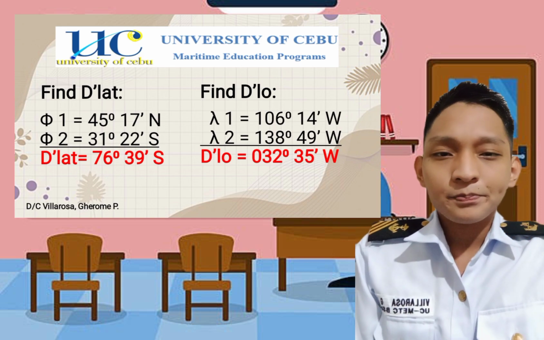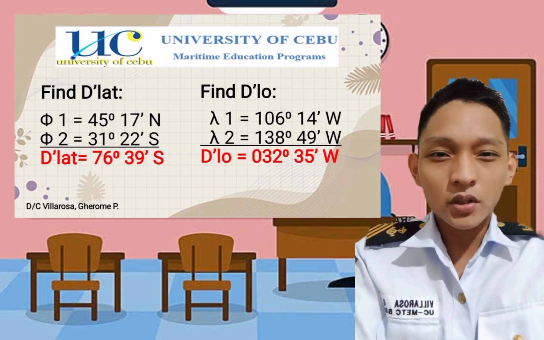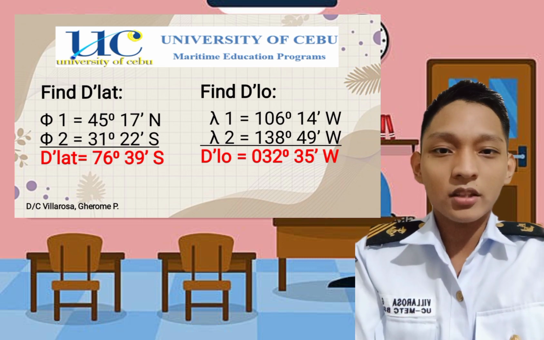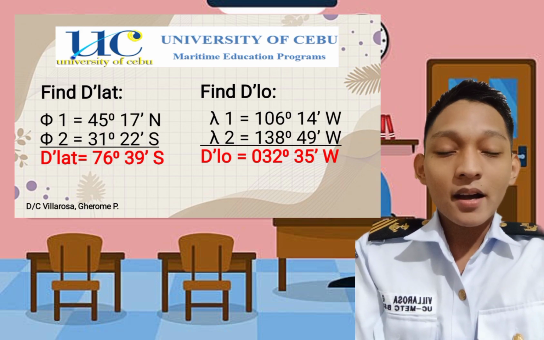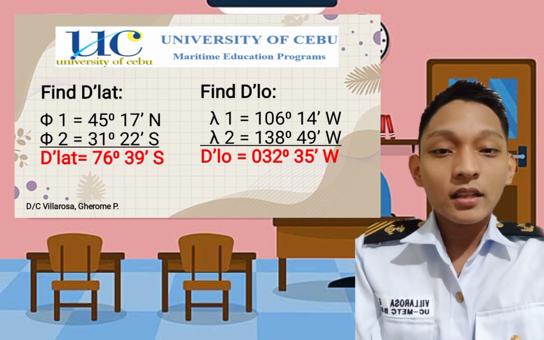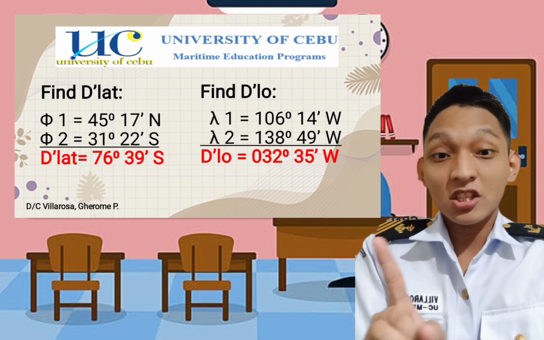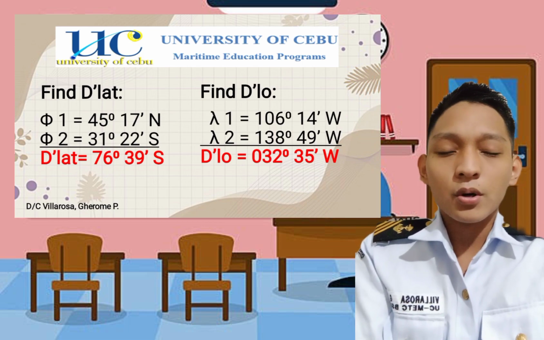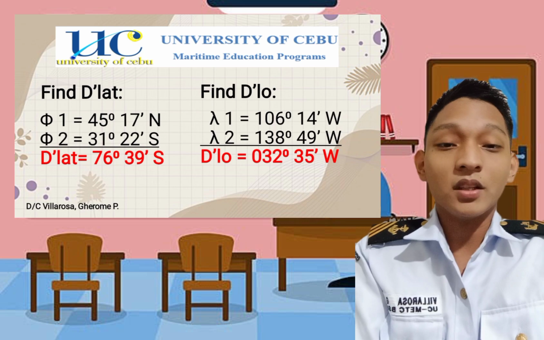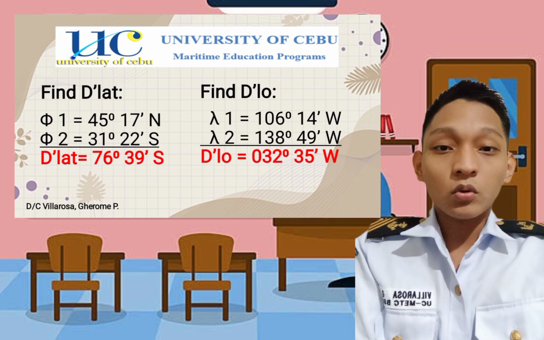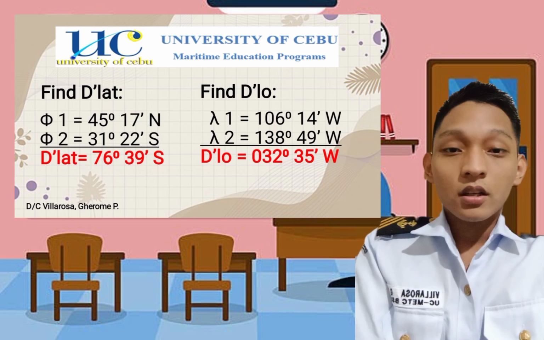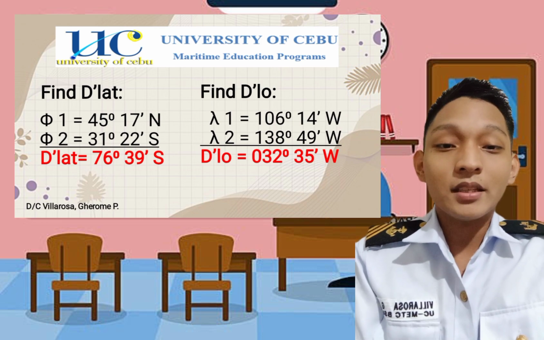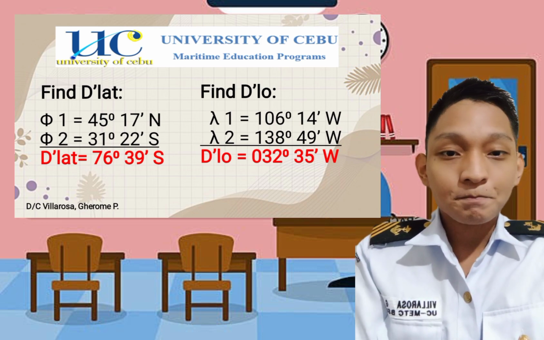Since longitude 2 is greater than longitude 1, we subtract manually, borrowing where needed, since 1 degree is equal to 60 minutes. Then we will get the DLO, which is 032 degrees 35 minutes west.